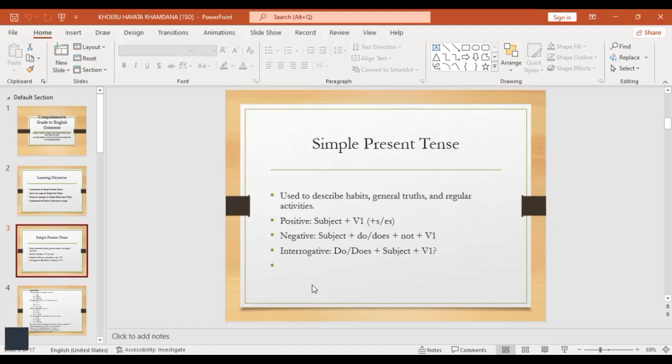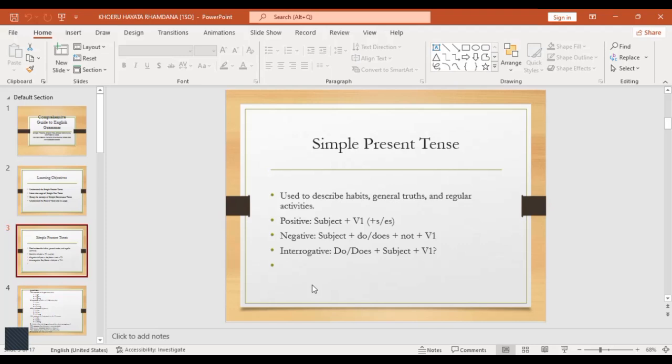Another example using simple present tense is I live in Jakarta. This indicates a place of residence, which is a fact that does not change. Similarly, they study at the university. This is a routine they regularly do.